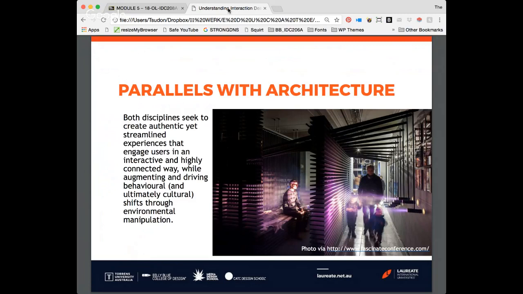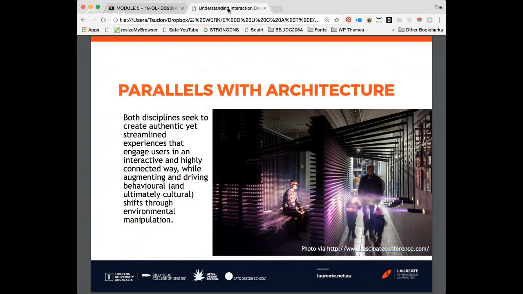And the goal of architecture and built environment design is definitely shifting strongly towards, which is also the goal of interaction design, is that we're seeking to create spaces that augment and drive behaviour of the users and ultimately shift cultural perspectives and cultural behaviour by manipulating the way in which the environment behaves or works or is used.